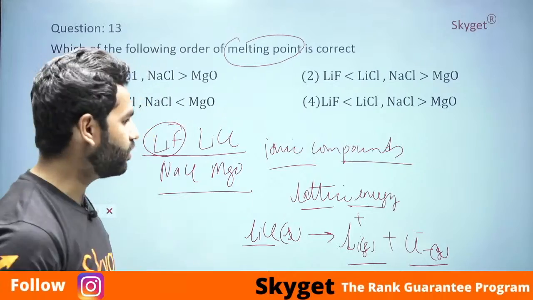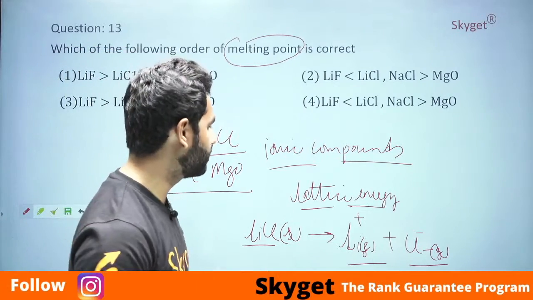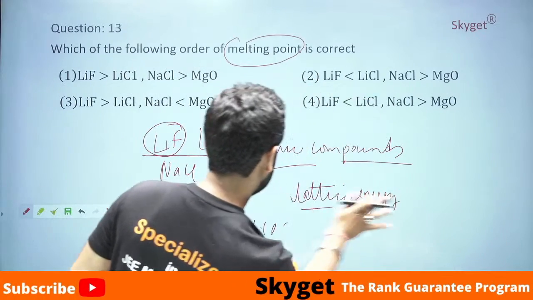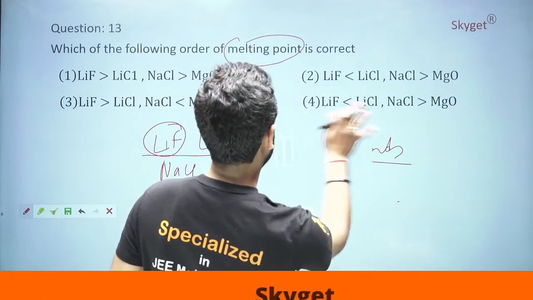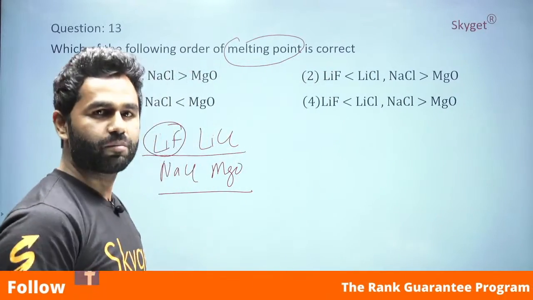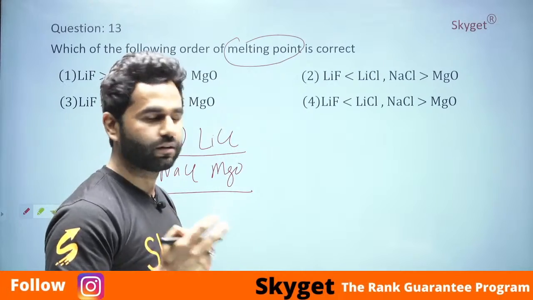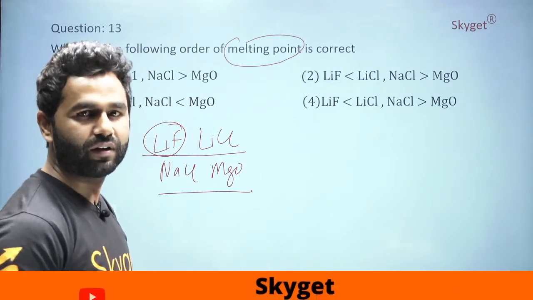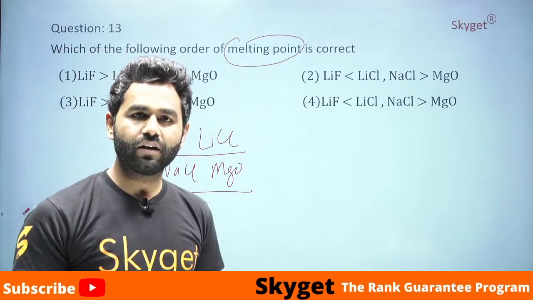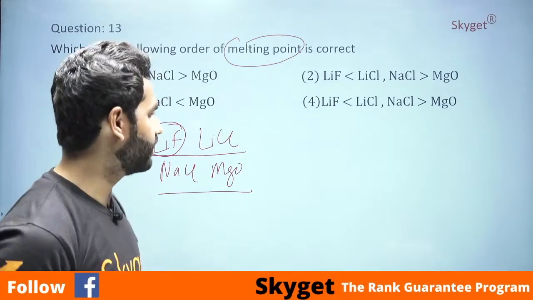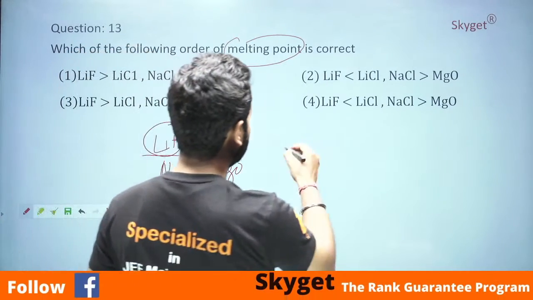Now what I need to know is on what factors the lattice energy depends. The lattice energy of any ionic compound depends upon 2 factors. The first factor is the charge on the individual anion as well as cation, and the second factor is the distance between the anion center and cation center. How? Let's see.